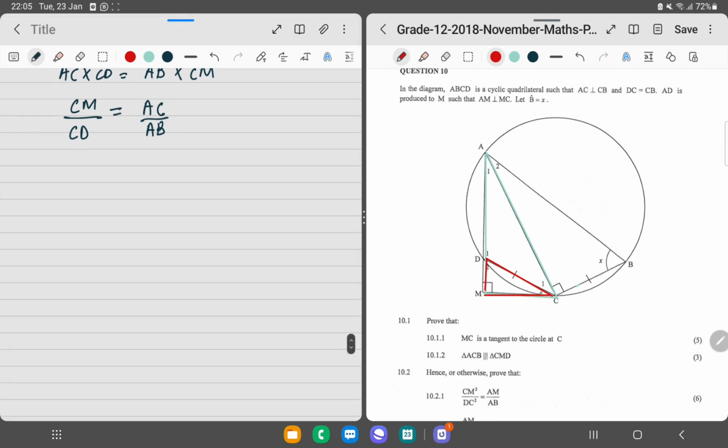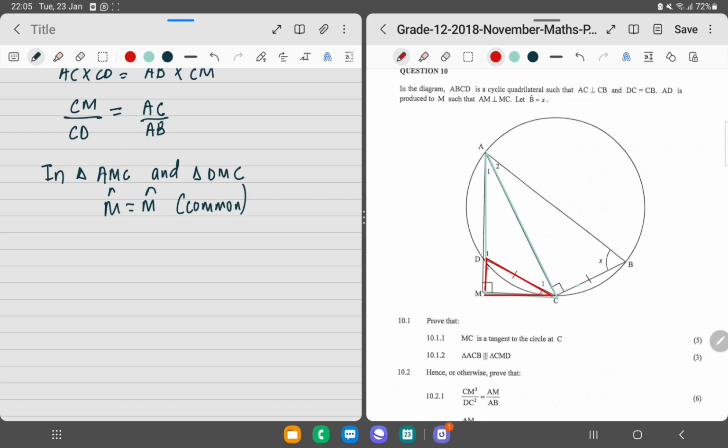So we have 2 triangles to compare. So we'll say in triangle AMC and triangle DMC, M is common. M is equal to M because it is common.